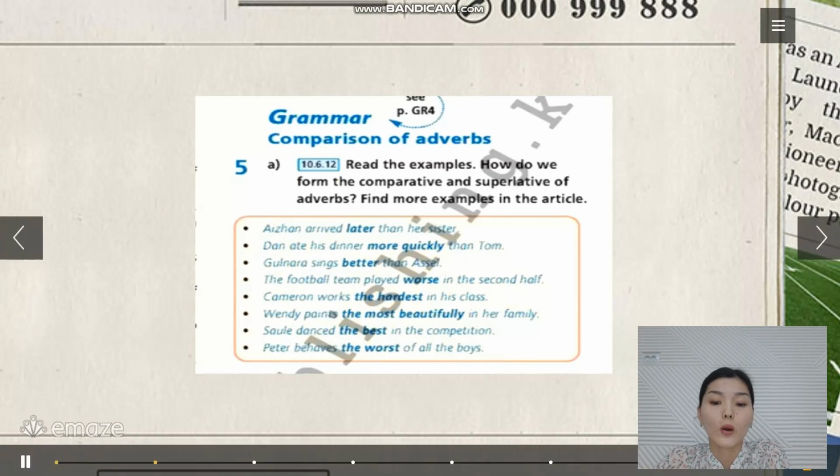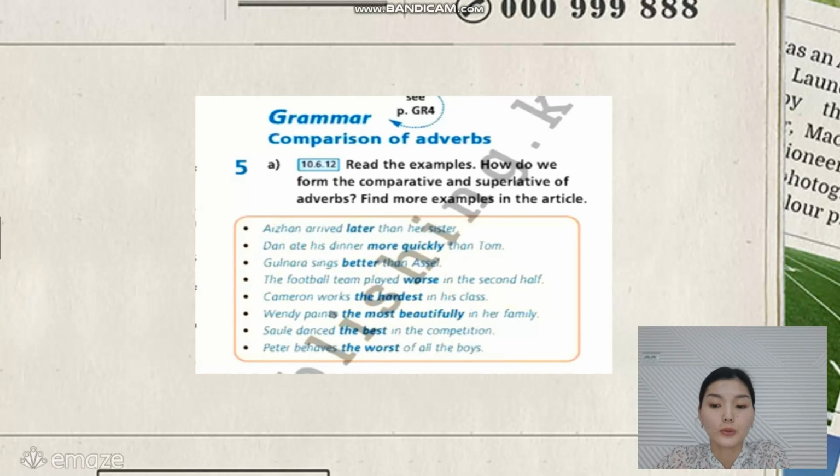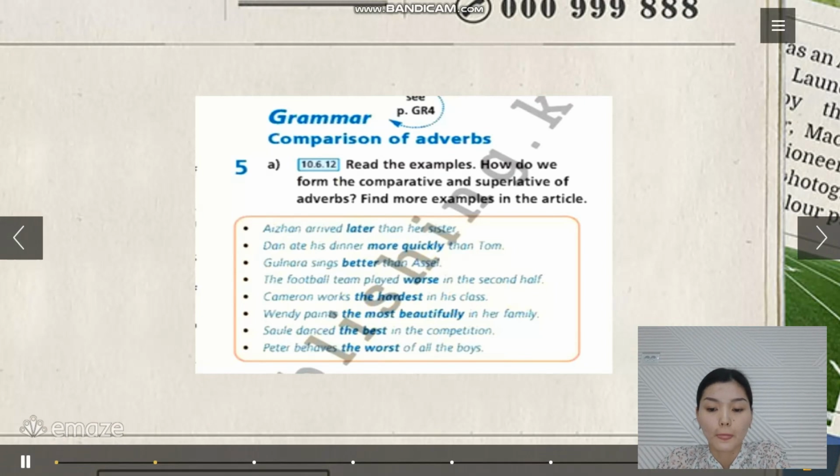So if you have one syllable, we will use er for comparative and est for superlative form. If you have more than 2 syllables, you need to use the word most. The word best, we have only 1 syllable. That's why we use the best.